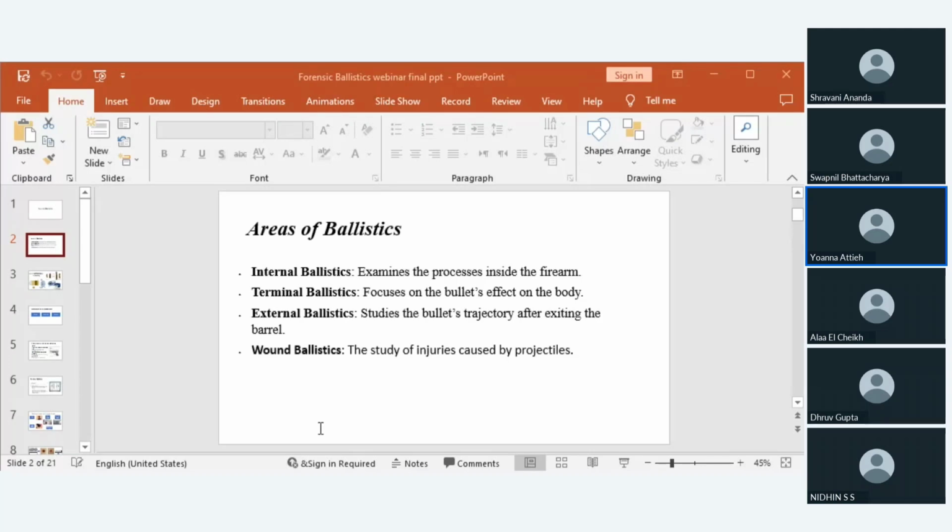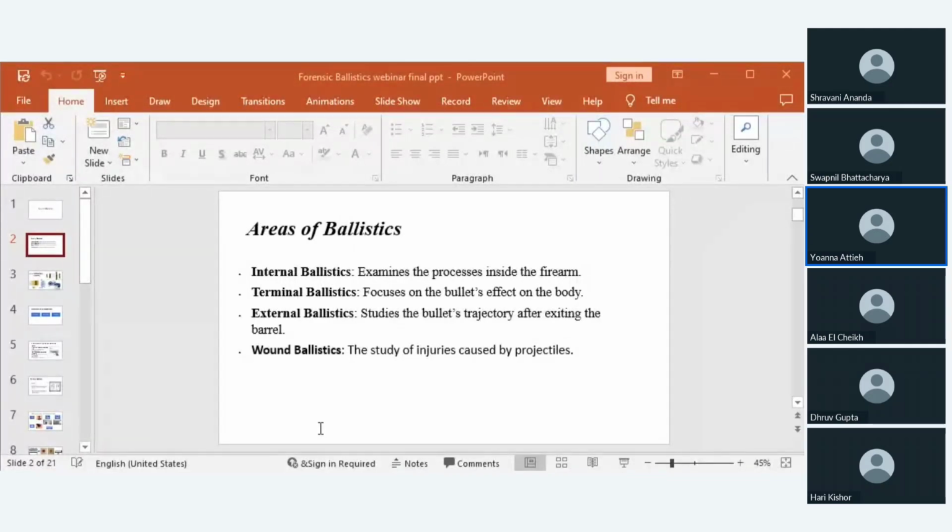We have the external ballistics. This examines the projectile's flight after leaving the barrel, studying its trajectory and the influences of gravity and atmospheric conditions. We have also the wound ballistics. This area, guys, is a specialized subfield that studies the injury patterns caused by projectiles, helping us understand the severity and type of wound inflicted.